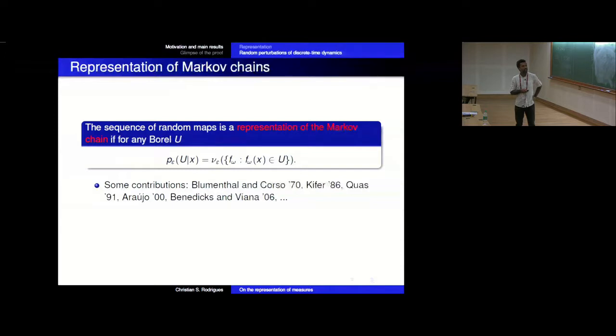What he showed is that in some conditions where the probability measure has full support in the whole space, you can construct a representation of these measures by continuous maps.